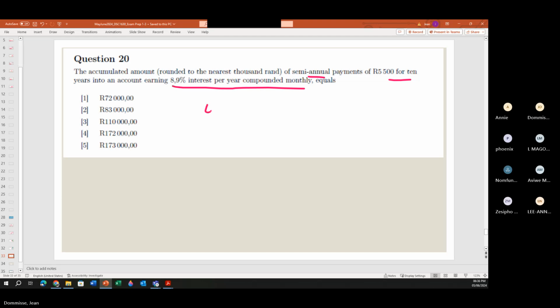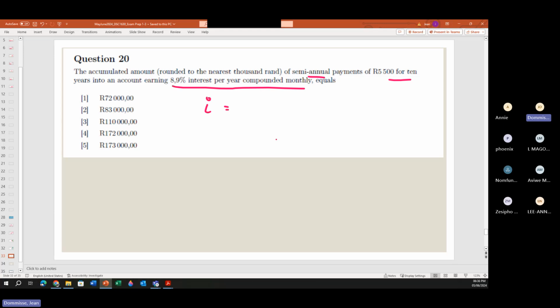This is a combination of chapter 3, I think, where we changed interest rates from monthly to semi-annually or monthly to quarterly.